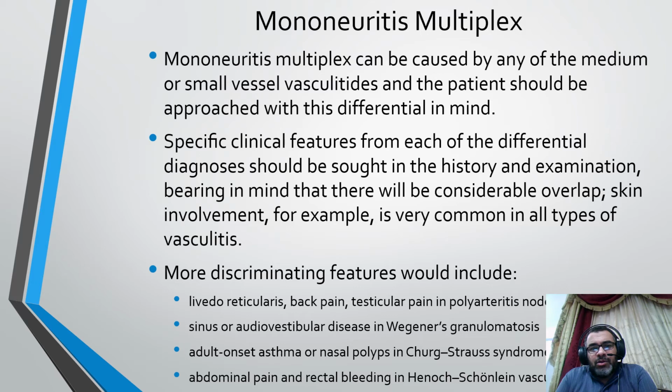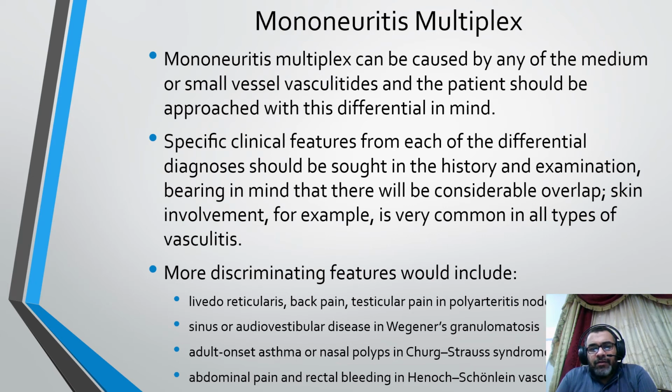Regarding mononeuritis multiplex, it can be caused by any of the medium or small vessel vasculitis, and the patient should be approached with this differential in mind. Specific clinical features from each of the differential diagnoses should be sought in the history and examination, bearing in mind that there will be considerable overlap.